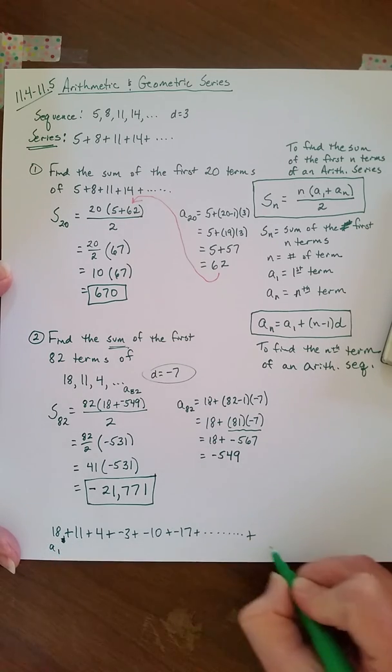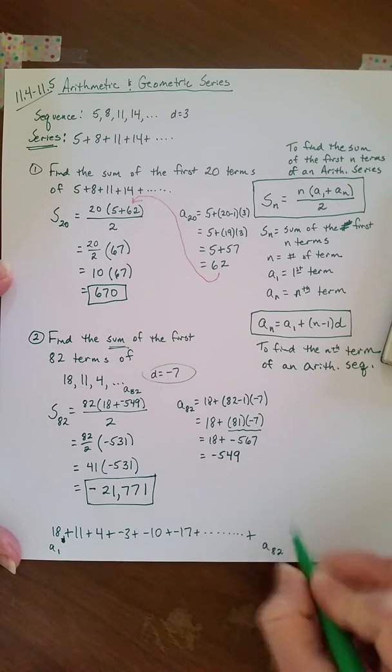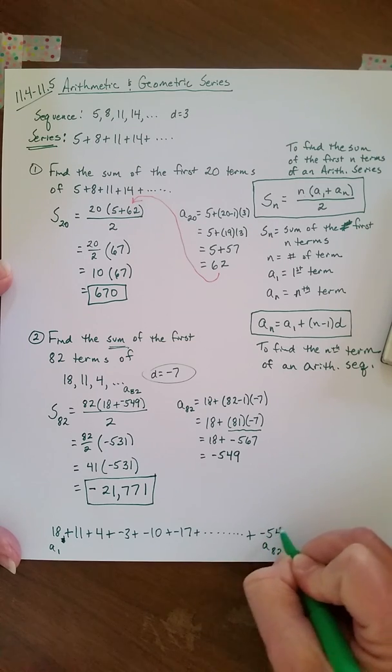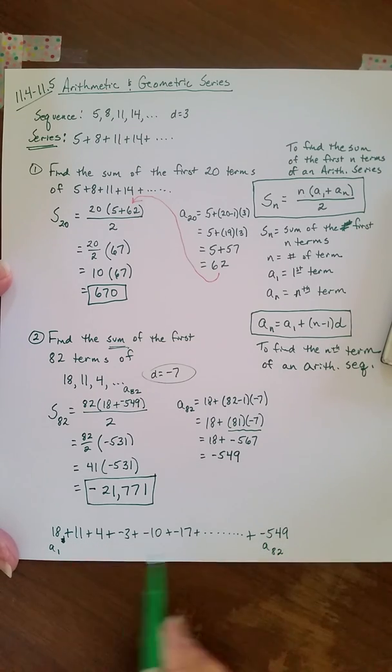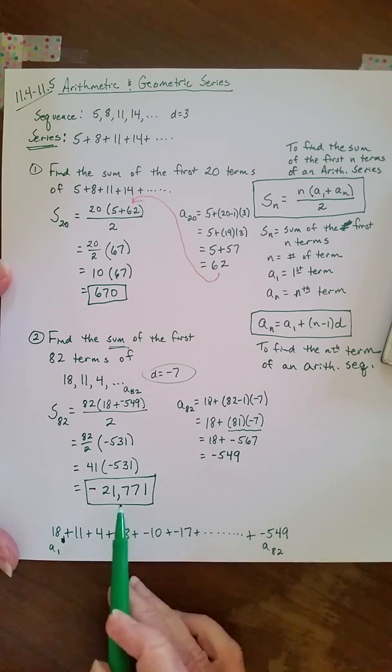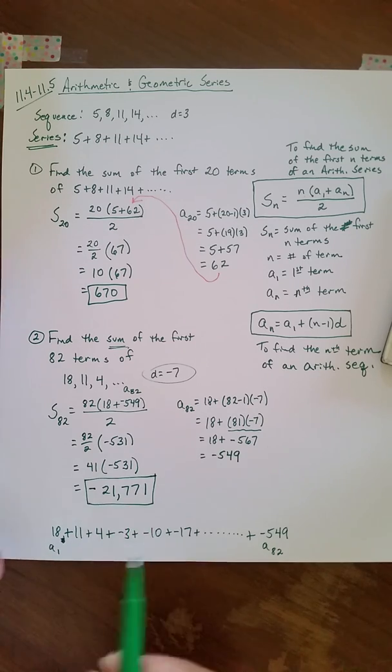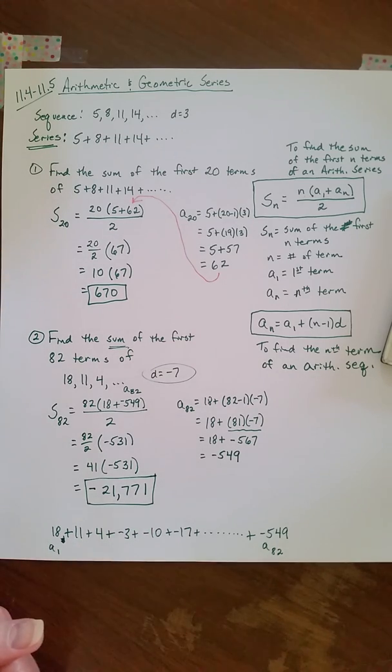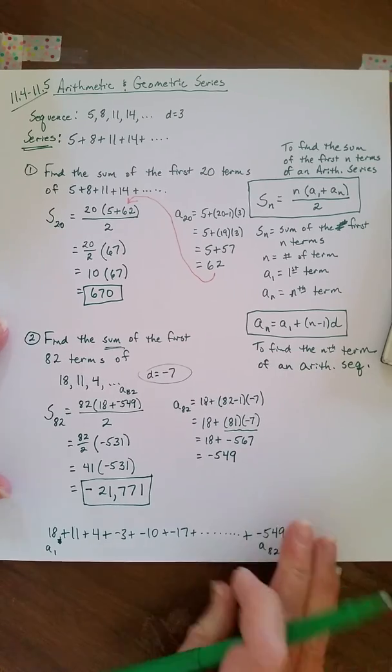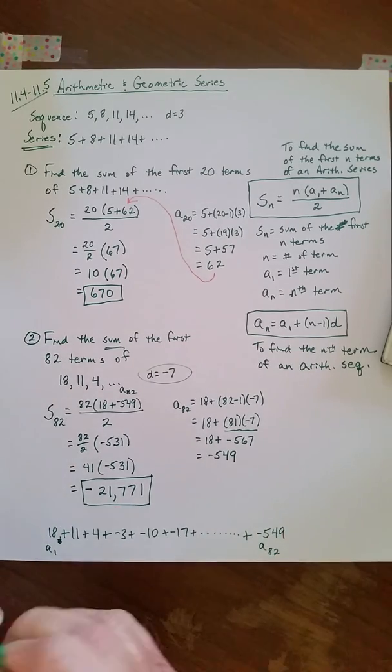This is my first term. When I get to my 82nd term, it's going to be negative 549. So we're adding up all of these terms and we're ending up with negative 21,771. Wow. Okay, so that takes care of the arithmetic series.